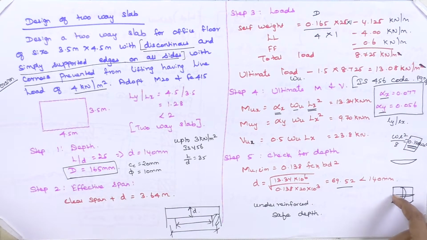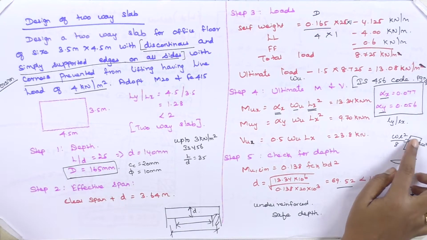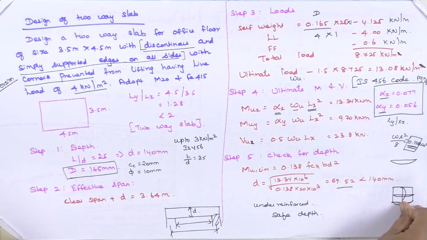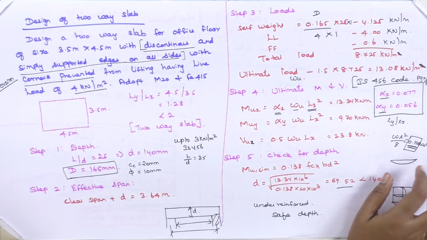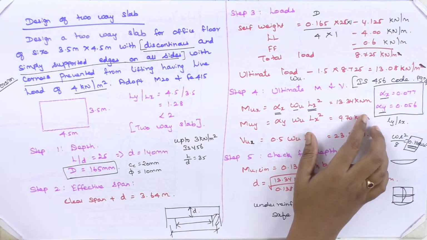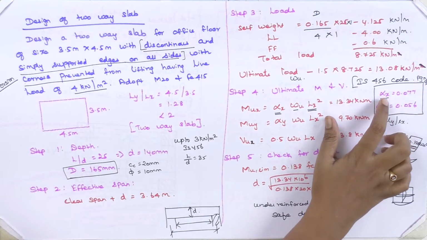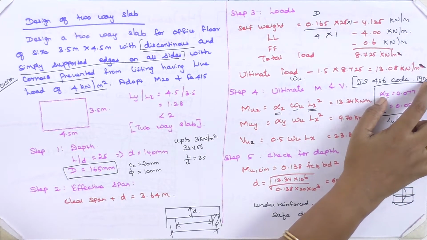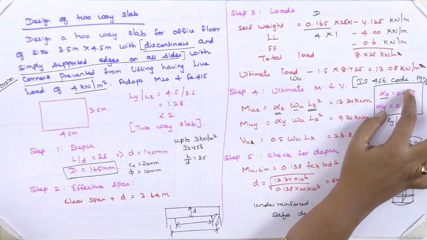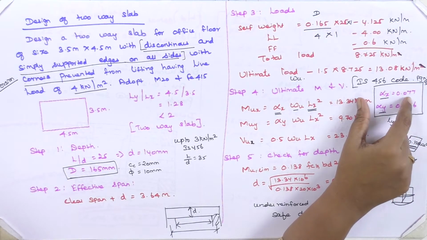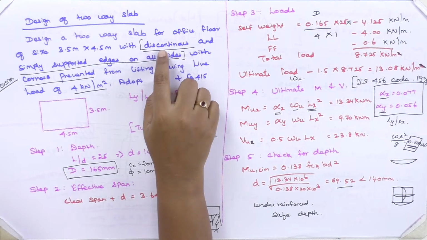Here flexure is created in both ways, so I want to know my moment factor exactly, instead of the 0.125 factor. In a one-way slab, deflection occurs in only one direction, but here the slab deflects in both directions. That's why I need to go into detail. So I am going to calculate the alpha x and alpha y values from page number 90 of the code. From page number 90, you need to check the values for the slab with discontinuous edges.